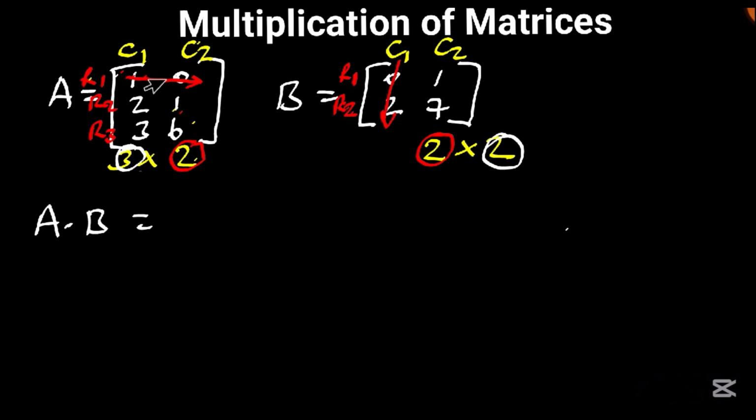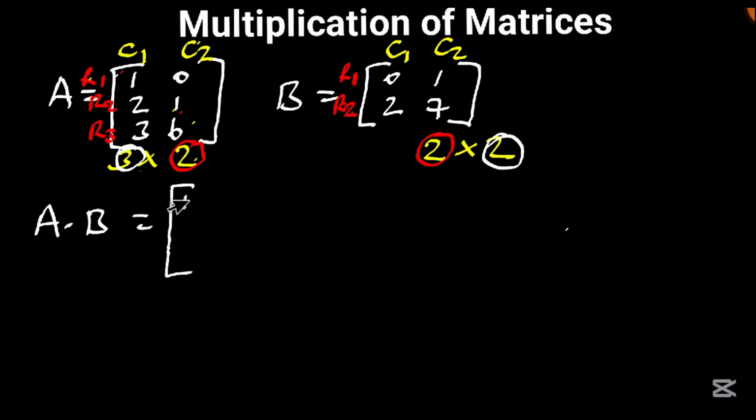And then again, we use this first row and multiply by this second column, which will form the second element of the first row of the resulting matrix, that is, the first row, second column. The same way, we are going to use this 2 and 1 and multiply by the first column and second column, and also use this 3 and 6 and multiply by the first column and second column.